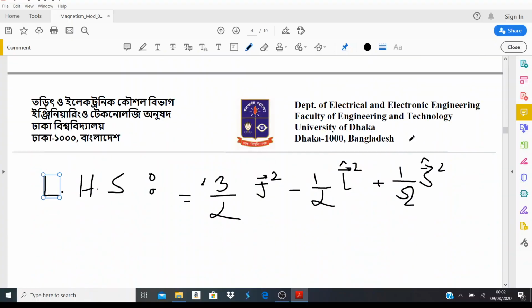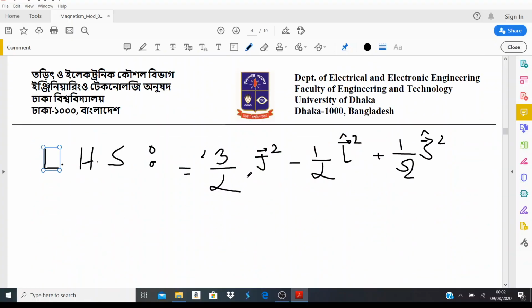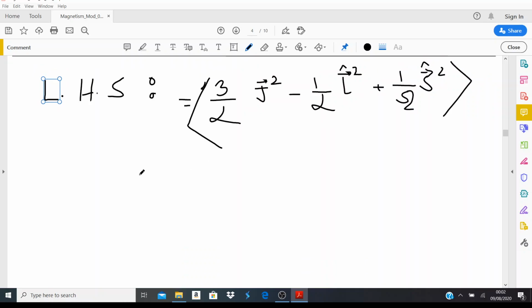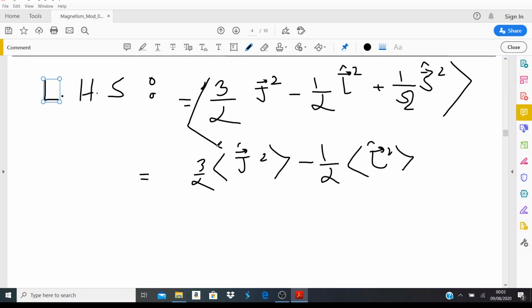You will just do some addition and subtraction, and you will get this expression on the left hand side as an operator, right? And what's the good thing about this? Now if somebody tells you to find the expectation value of this operator, that's easy, because separately you need to perform each expectation value. So that's why we do this manipulation, so that every operator is now J squared, L squared or S squared, because we know how to operate with these.